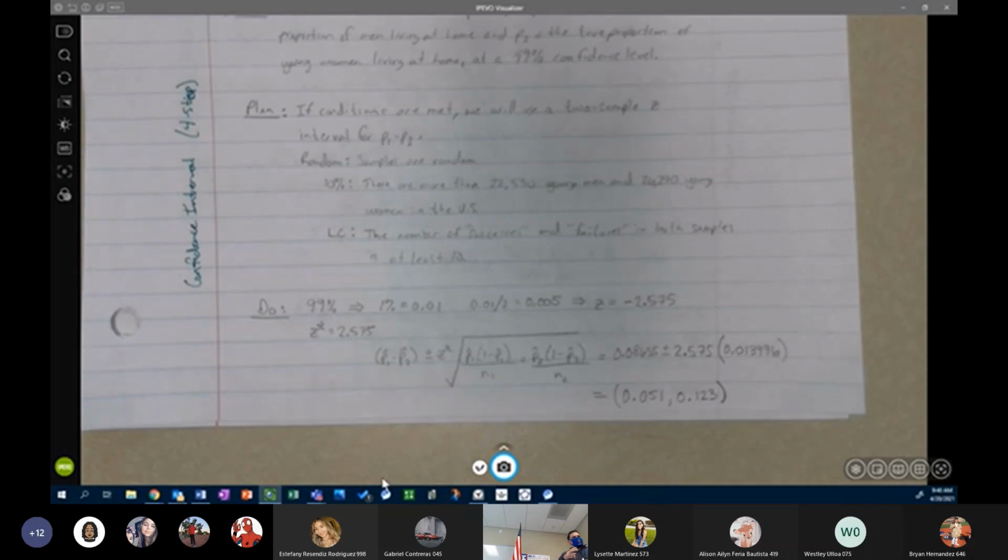All right, so the interval is between 0.051 and 0.123 for that proportion. And again, it's always proper to label in your interval, put the smaller value first, comma, larger value. You should not list them in the other order.